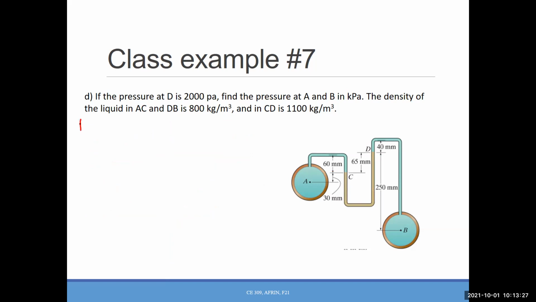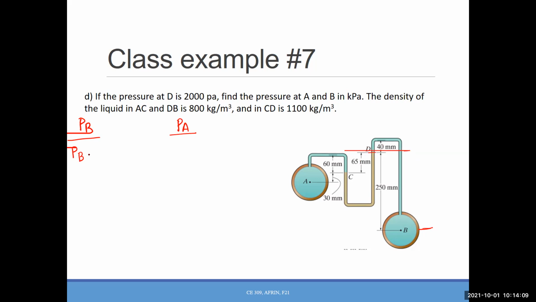So for PB, and PA. Okay. So for PB, if I start from this point, what is the pressure at PB? I don't know. That's what I need to find. So I will just write down PB. Now, where is the next interface? From B, where is the next interface? D, yes. And D is actually above or below the point B?